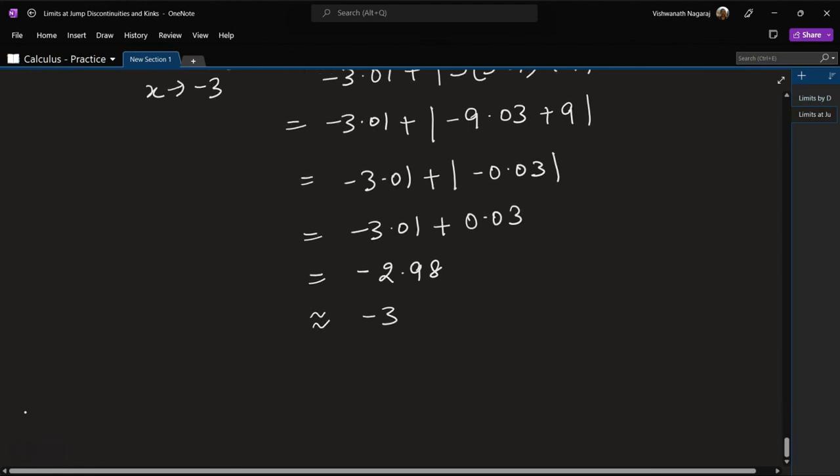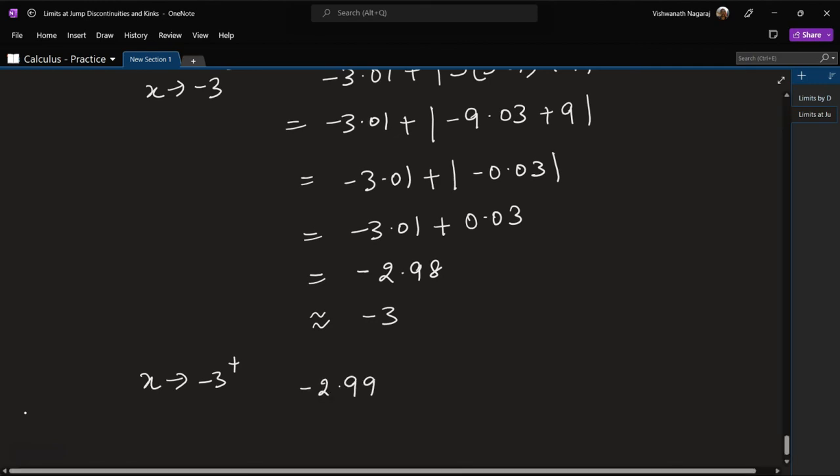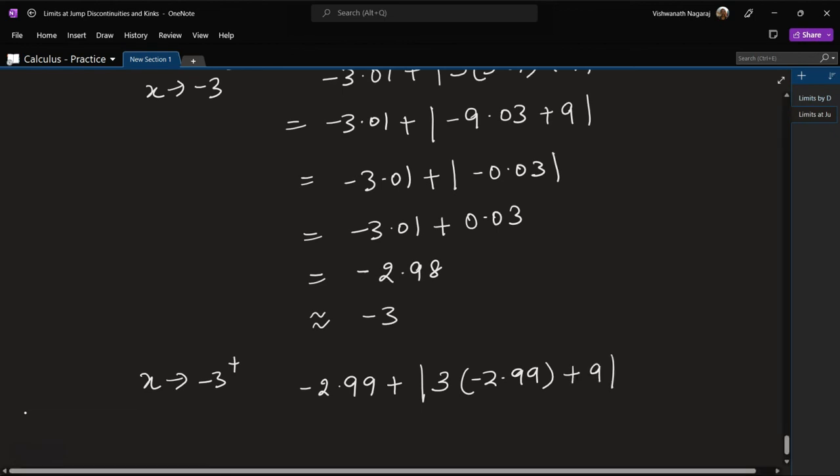Now let's look at it from the other side. As x approaches minus 3 from the positive side, then what happens? Let's take minus 2.99 plus absolute value of 3 times minus 2.99 plus 9.